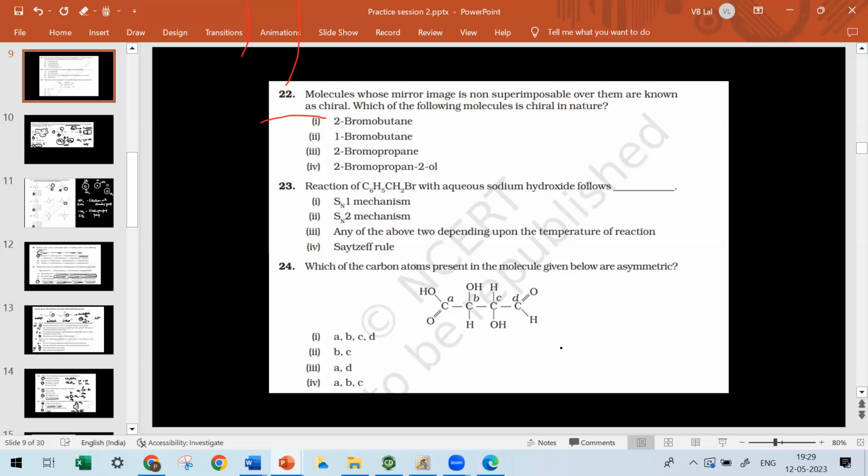Hariharan, can you tell me? Hariharan? Is he there? I was going by backwards. 24. Can you tell me which are the asymmetric carbon atoms in 24? Hariharan, can you tell me? What is the answer?